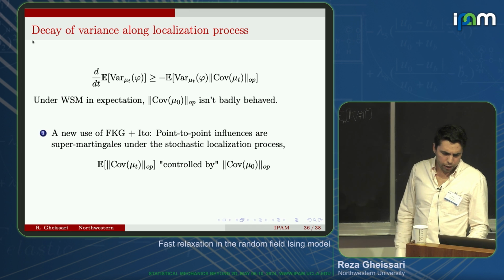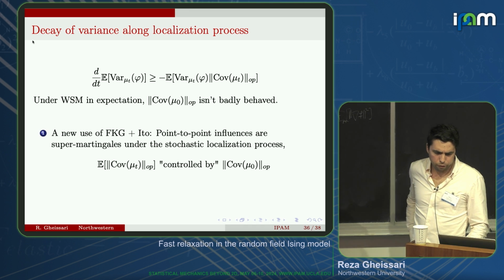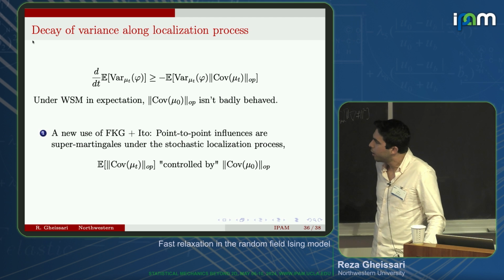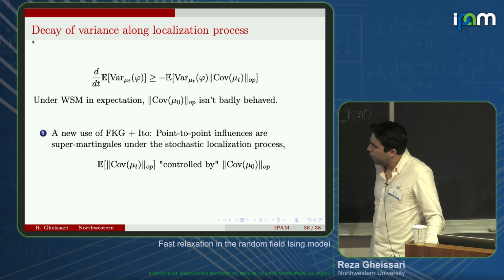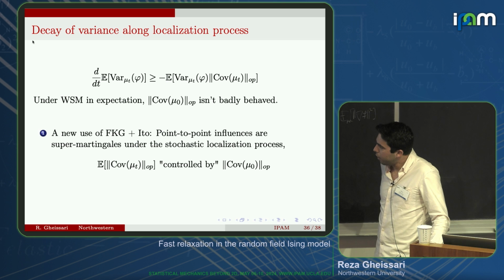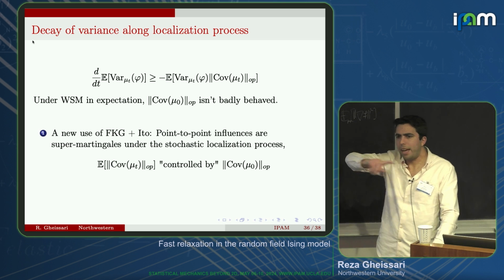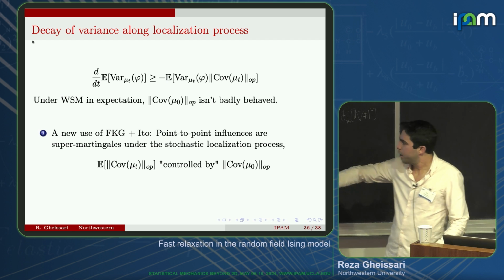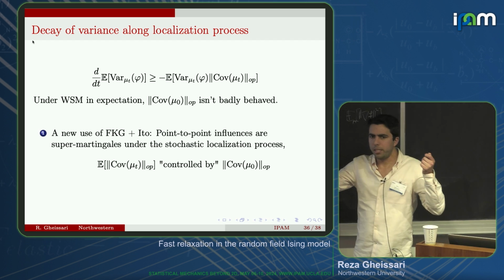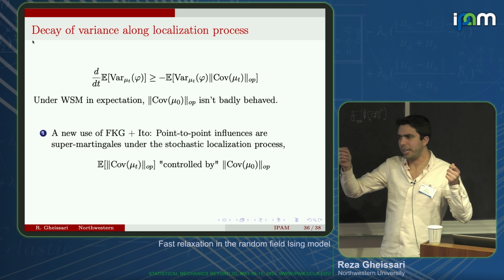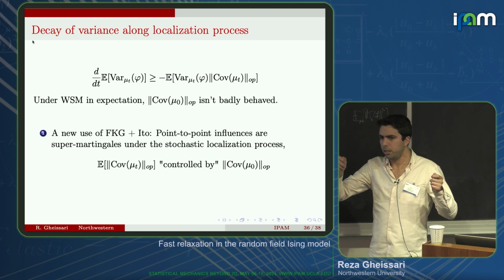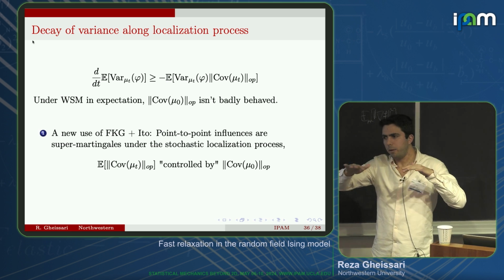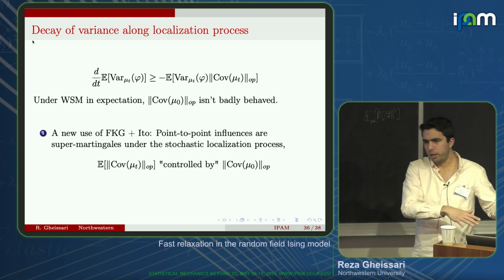So here there's a nice use of FKG plus Ito that actually tells you that in the Ising model, if I run this kind of random external field stochastic localization process, point-to-point correlations don't decay in expectation. I'm adding a random field on top of an initially random field.